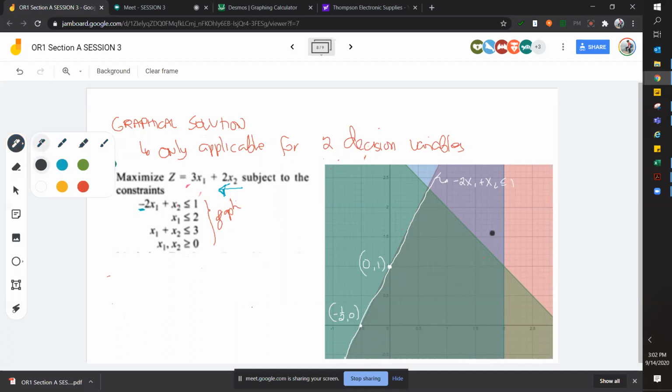Okay, so kung i-check natin, negative 2x1 plus x2 less than or equal to 1, then let's say, ito, yung point na 0, 0. Si point 0, 0, if pasok ba siya, if valid ba siya dito. So if I change it sa 0, so mangyayari 0 plus 0 less than or equal to 1, is 0 less than or equal to 1.